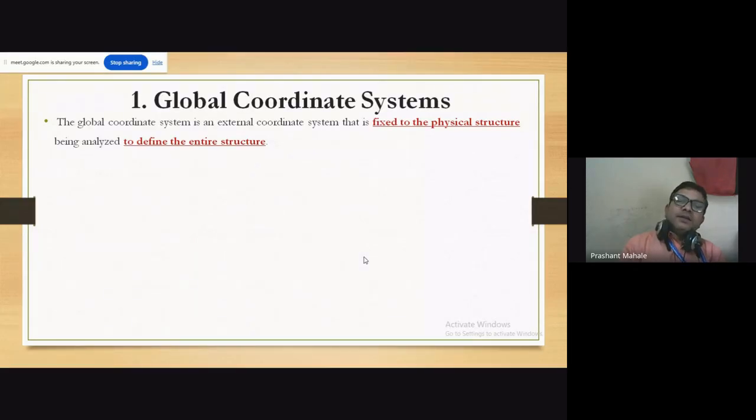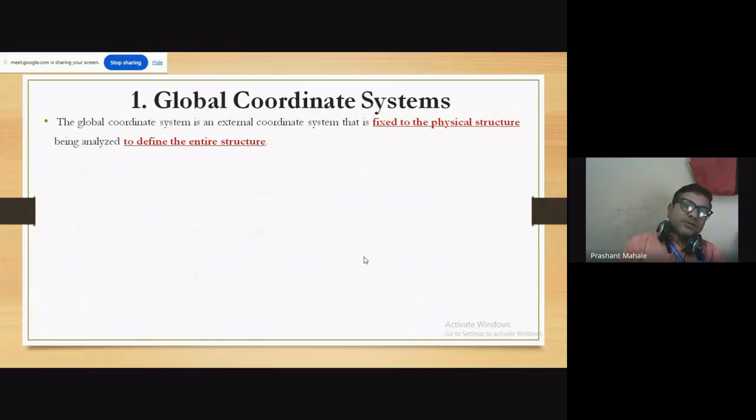In general, I'll tell you what the global coordinate system is. It is nothing but having a single reference for the whole body, the whole part of a machine element or mechanical machine part which we are going to analyze.